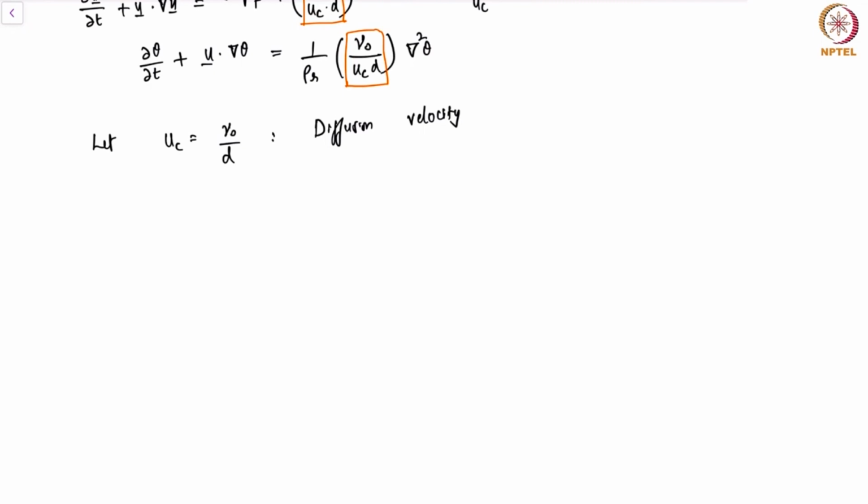And it immediately tells us that the characteristic time scale, let's call it Tref, or a reference time scale, becomes d by uc. This is nothing but d square by nu naught. This is the diffusion time scale.